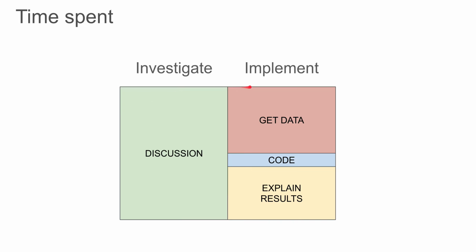Then the other half is implementation, but from this implementation, really half is getting data and cleaning data and understanding data. Then coding the actual optimization model is fairly simple. This is really quick. To code up a mixed integer program, you just need like a month of work, maybe even less.